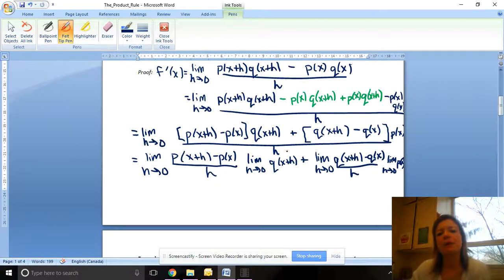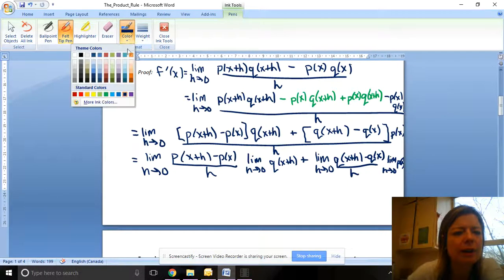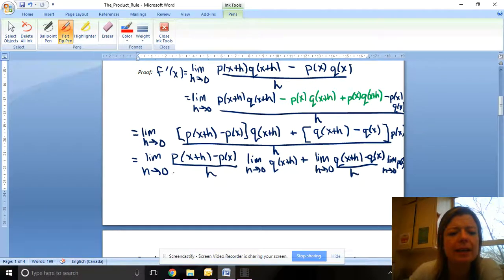Okay, so there we go. So now look what happens. If you go to this limit and you just let this h go to 0, you just get q at x. So this whole statement is the same thing as writing the derivative of p at x. This is the definition by first principles of p prime at x, and this turns into just q at x.